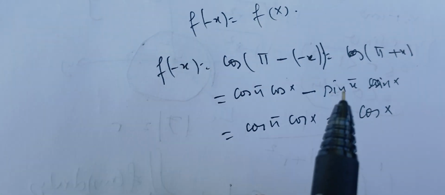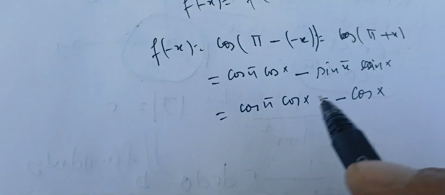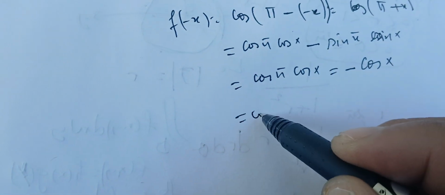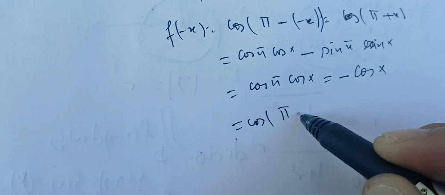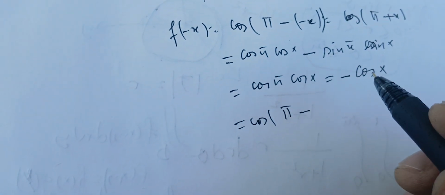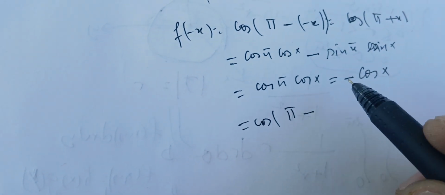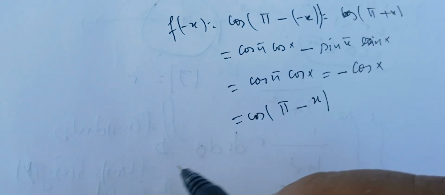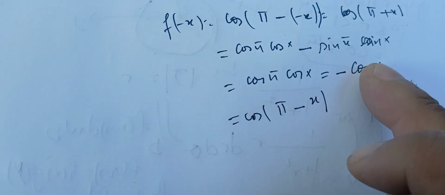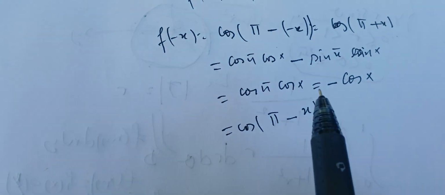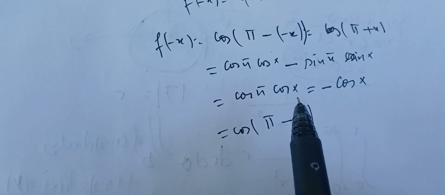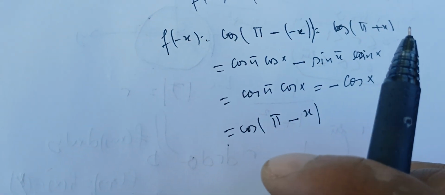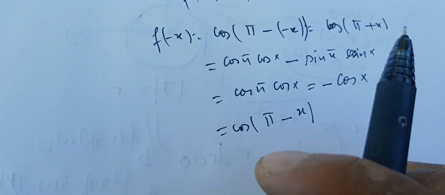We know something here, that the cosine of pi minus x is equal to minus cosine of x, because we are shifting by pi.